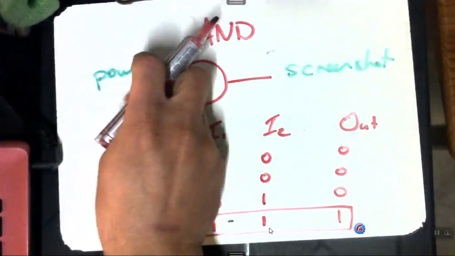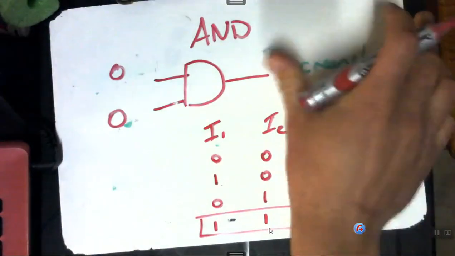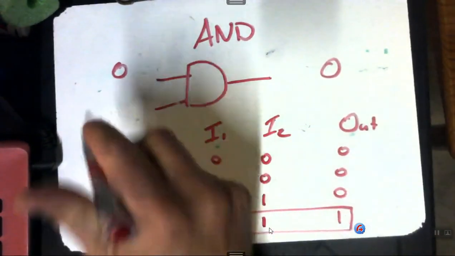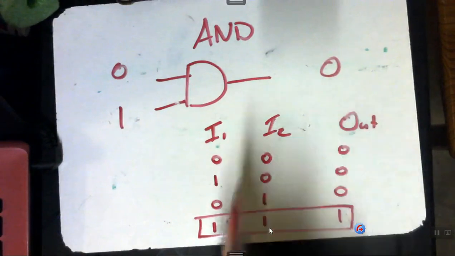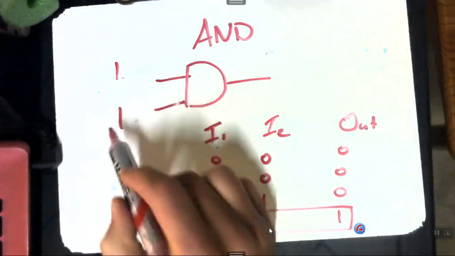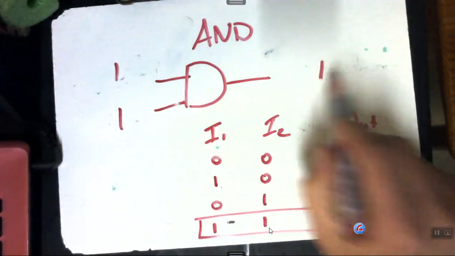So when we have a 0 and a 0, we're going to get a 0. When we have a 1 and a 0, either one of these two, we're going to get a 0. But if both are 1s, we're going to get a 1. What does 1 mean? On. So we're going to get an on.